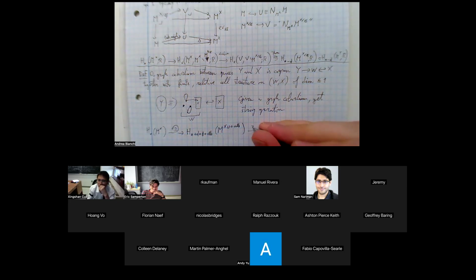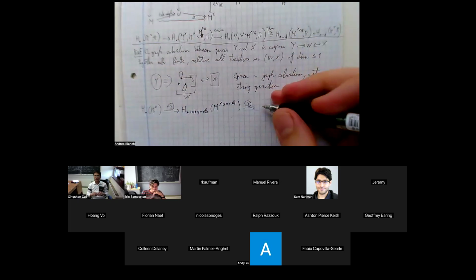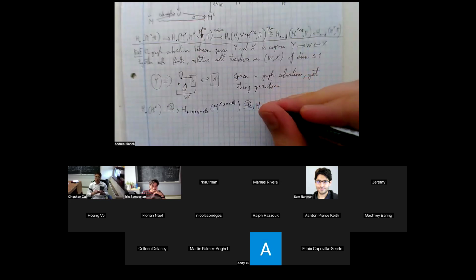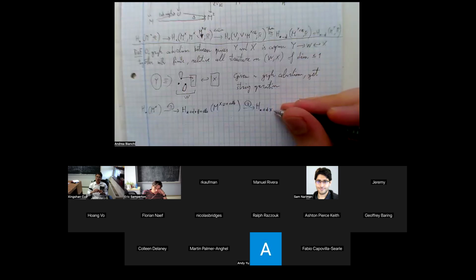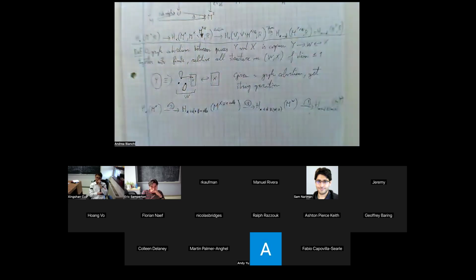Now we do an operation 3 several times, and so we attach the 1 cells, and we land into the homology in degree shifted by D times the relative characteristic W relative X of M to the W. And finally, we do operation 1, and we land in the shifted homology of M to the Y. And this is just combining these 3 operations into a single one.